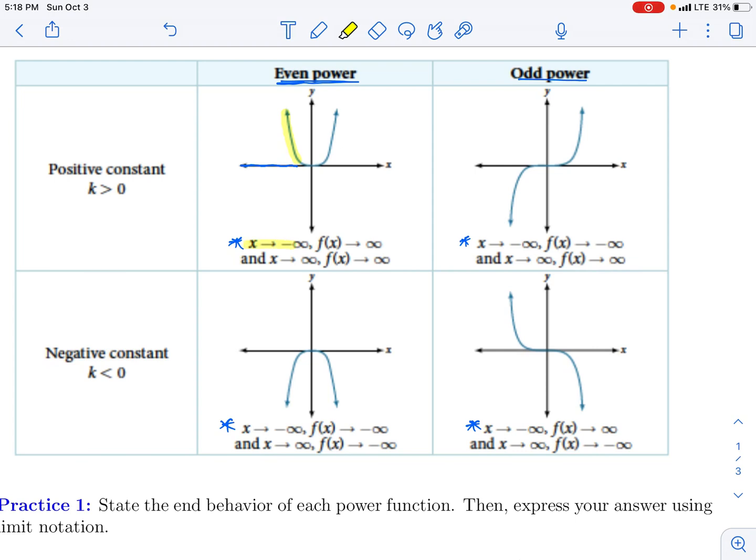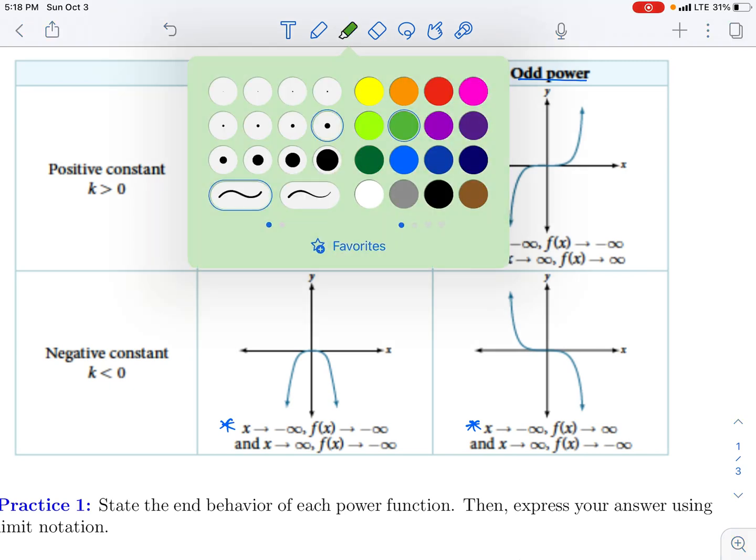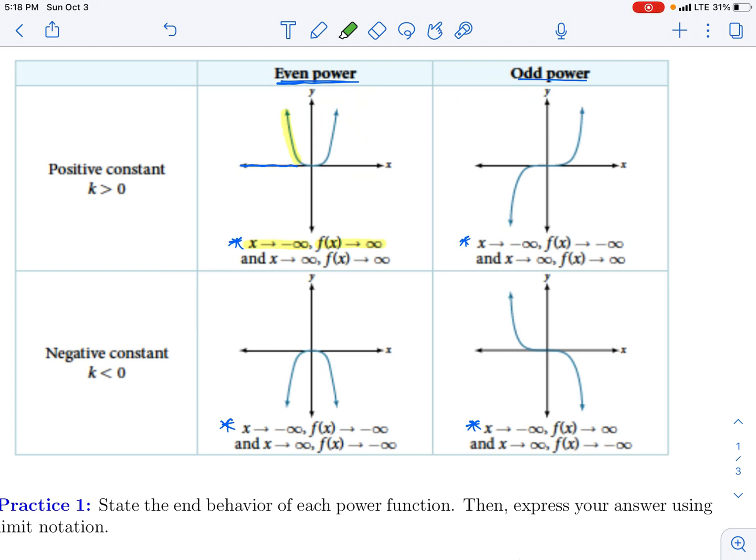That's why it says as x goes to negative infinity, f of x goes to positive infinity. Looking towards the right of the graph, as x is getting bigger, the graph is still going upward, so as x goes to infinity, f of x goes to infinity.